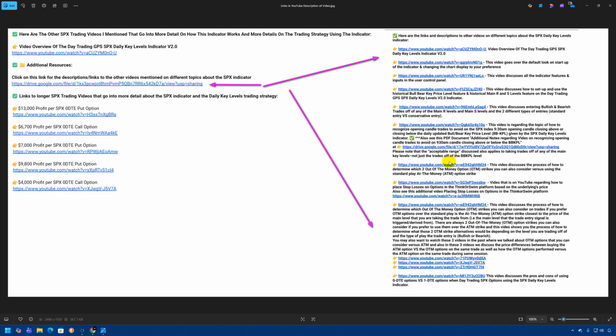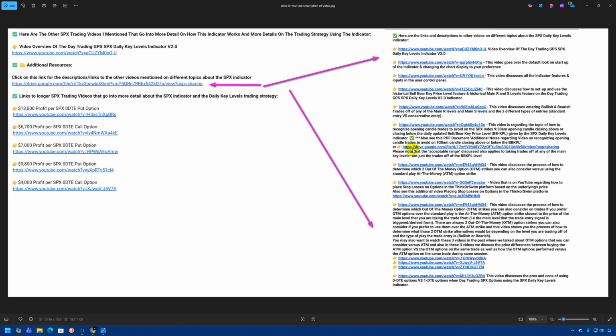Some of these we'll be referencing in this video, but this particular one here is the one about 9:30 a.m. opening candle trades to avoid and how to recognize those on the 9:30 a.m. opening candle, and it also discusses the acceptable range and what is outside the acceptable range.